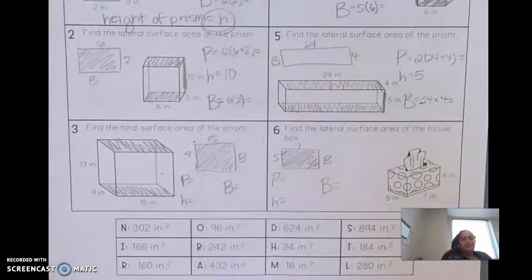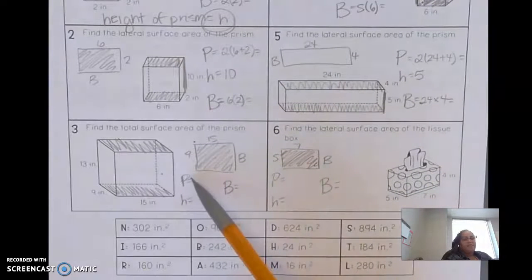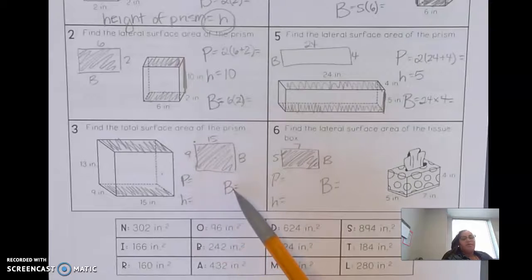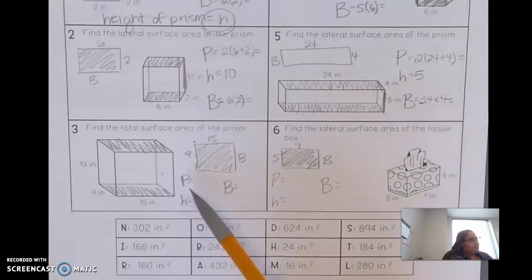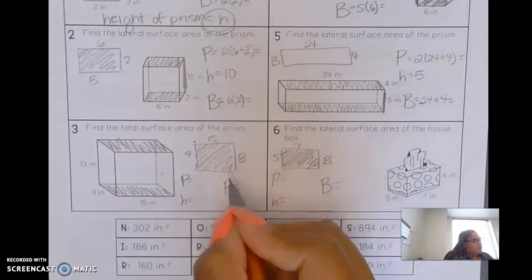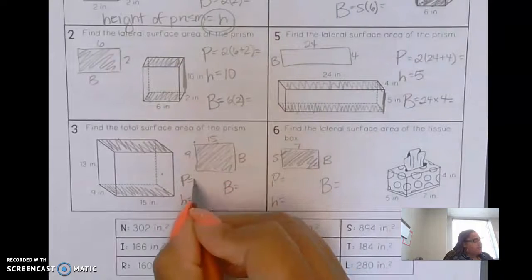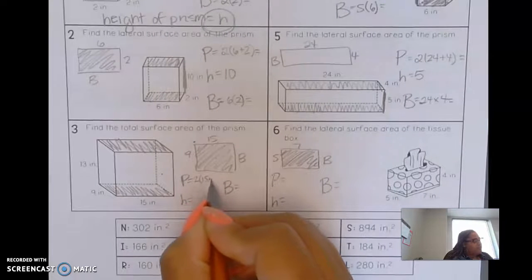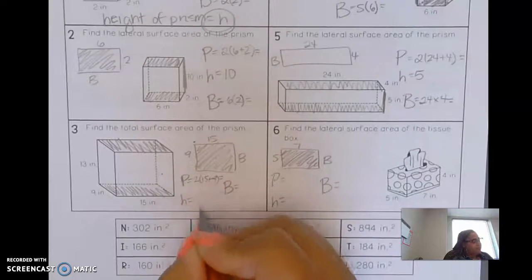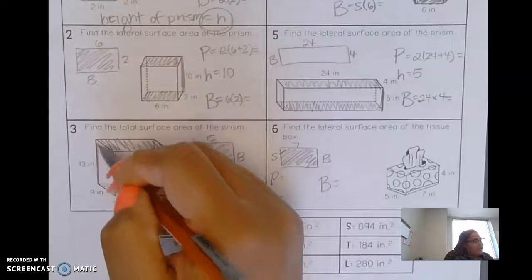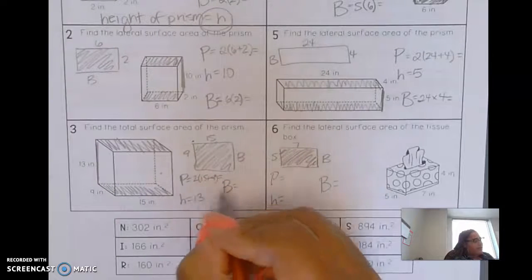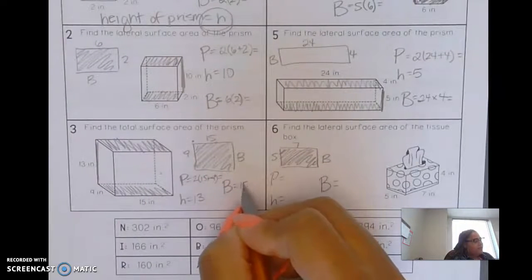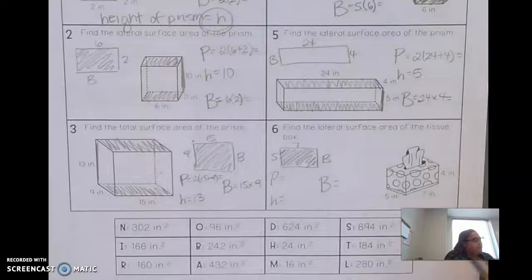Down here, the total surface area is calculated by big P, the perimeter, times height of the prism, plus 2 big B. P equals 15 plus 9 times 2. H is the height that connects the bases, 13. Big B equals 15 by 9.